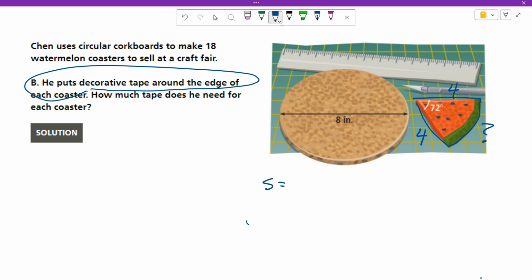So to find the arc length is 72 over 360 times 2 pi r. Calculators, let's figure out the decimal for this one too. Something point something. It's going to be small. It's going to be around 4-ish. Maybe 5-ish. Maybe 6-ish. But it's not going to be very big. What is it?